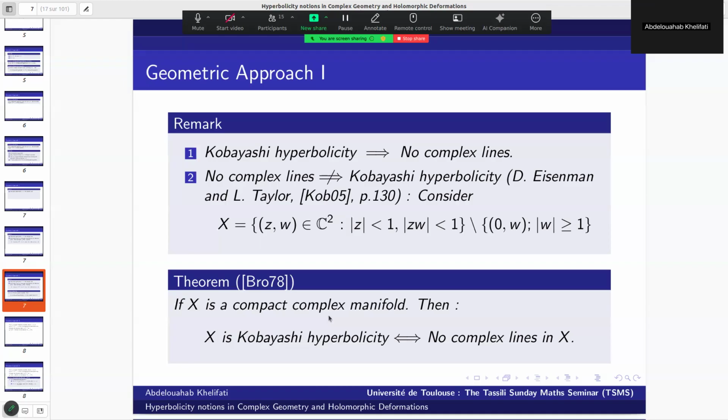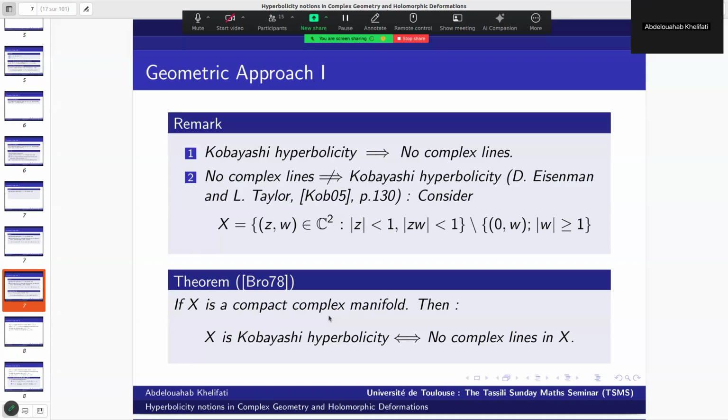What the Brody lemma says is that from any holomorphic map, we can deform it in such a way that we control the velocity of this new holomorphic map on the whole disk, and it doesn't exceed the initial velocity that we fixed at 0.